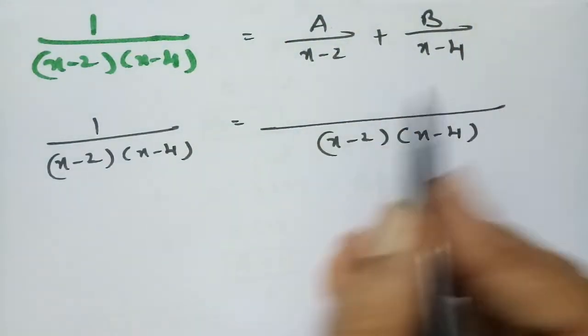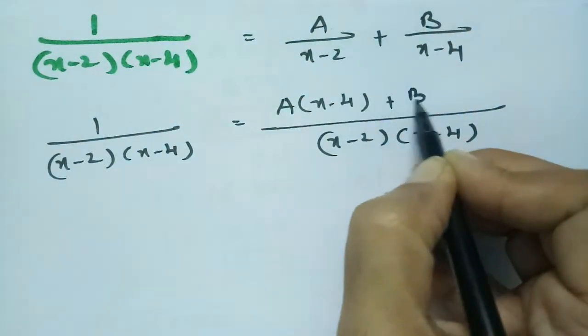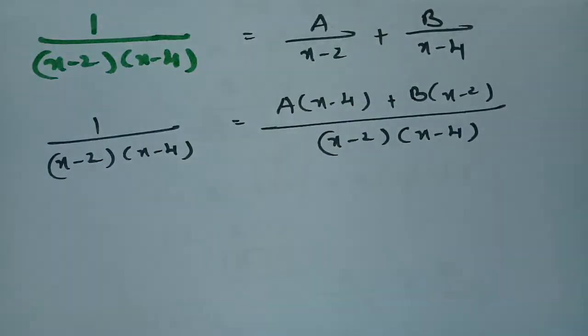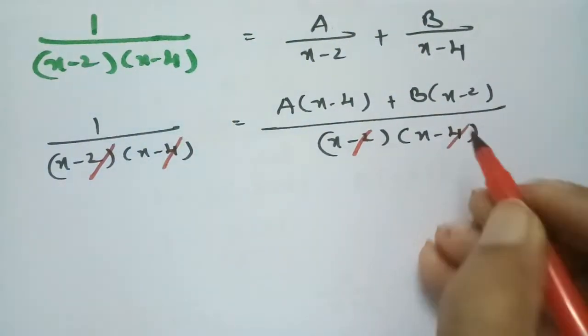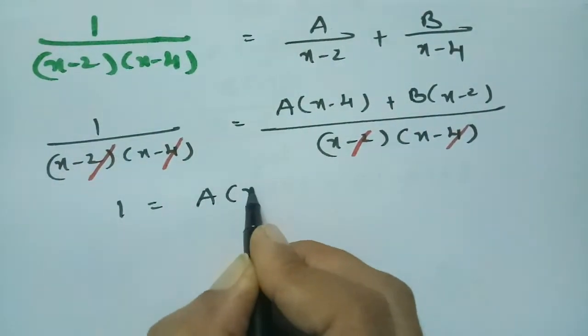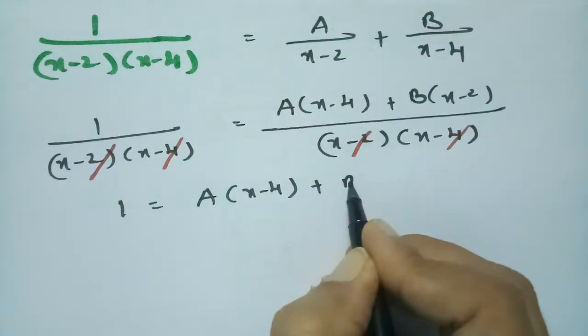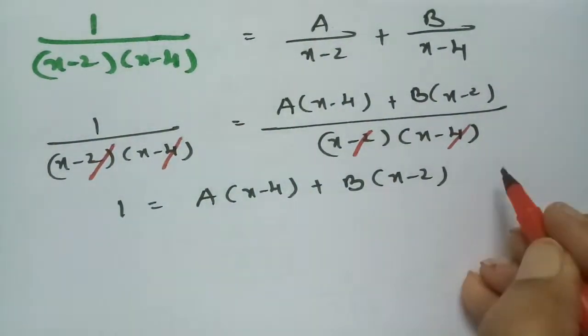If I cross multiply, that is a into (x minus 4) plus b into (x minus 2). Now I cancel x minus 2 on both sides and x minus 4 on both sides, and what remains? 1 is equal to a into (x minus 4) plus b into (x minus 2). This is equation 1.